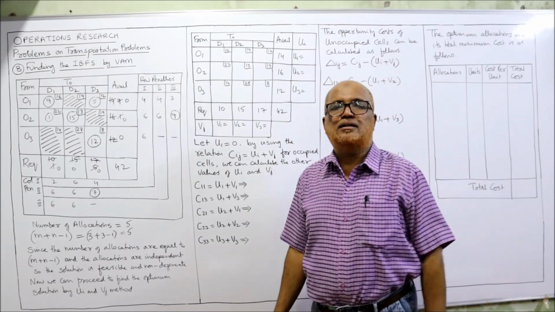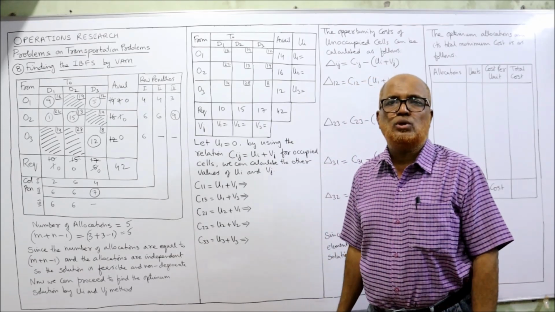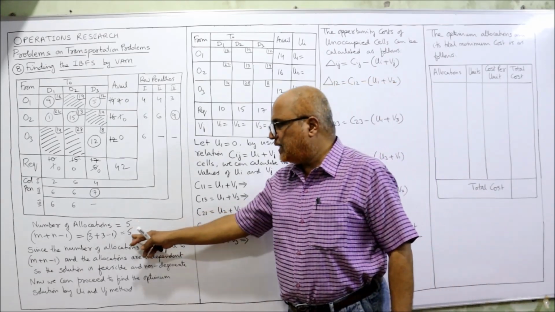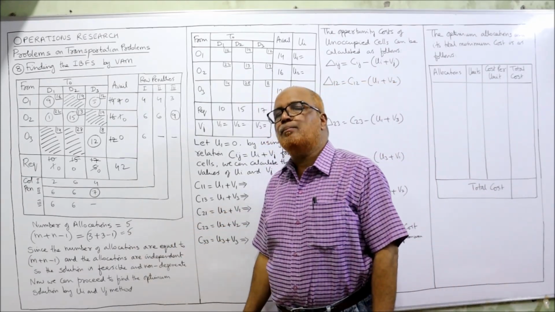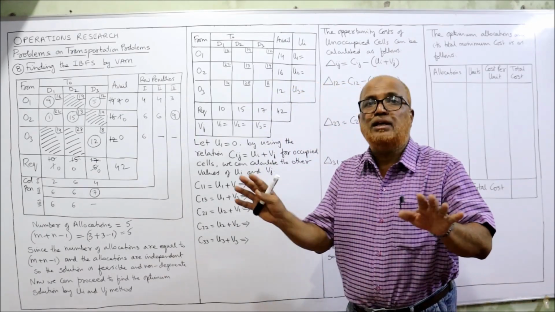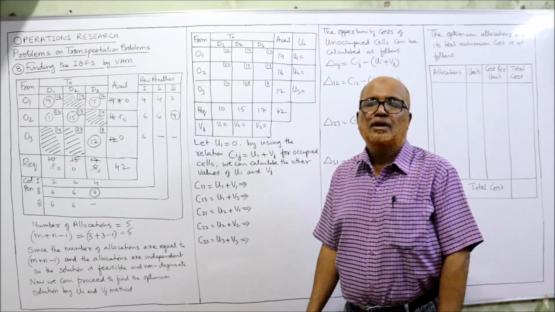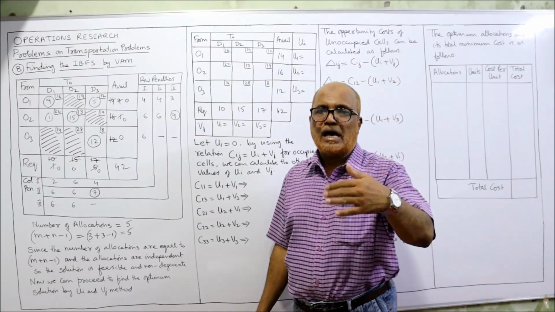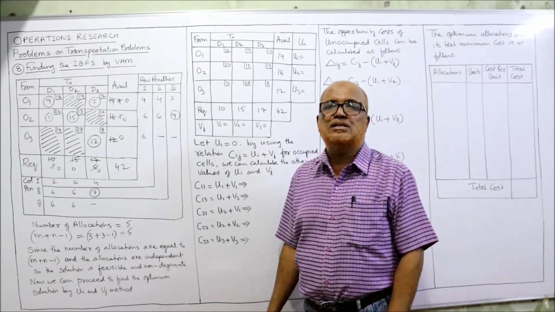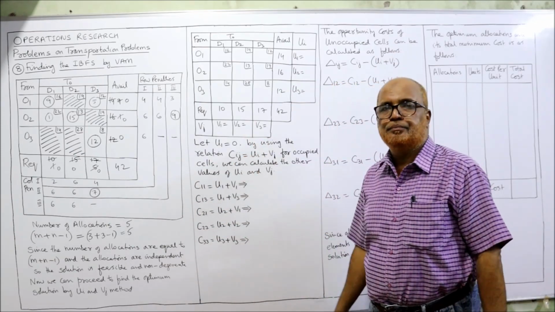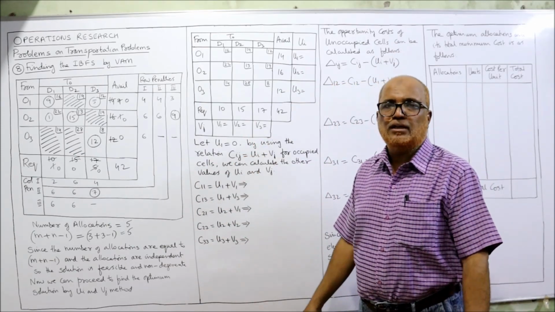Now we can proceed ahead to find out the optimum solution. If both are not equal, number of allocations and m plus n minus 1 is not equal, then the problem is called degeneracy problem. In that case, we have to use epsilon to overcome the degeneracy and then find out the optimum, right? So here, no need.